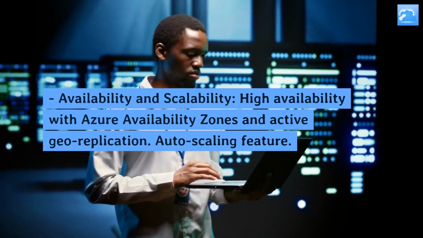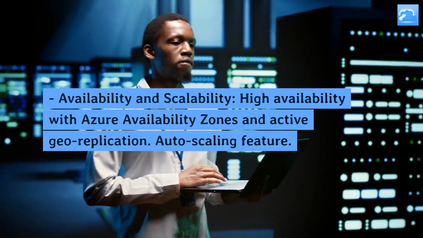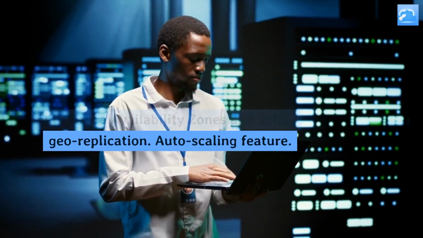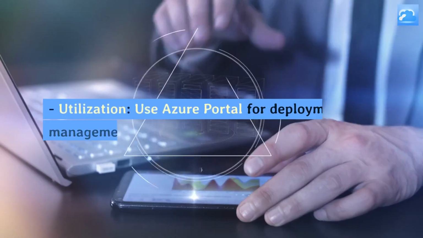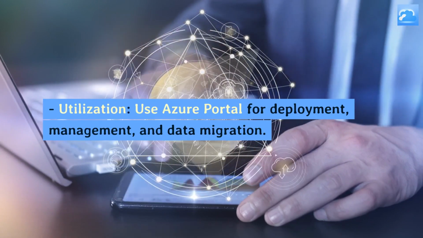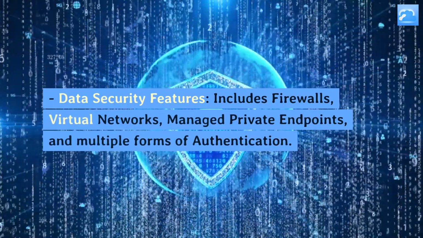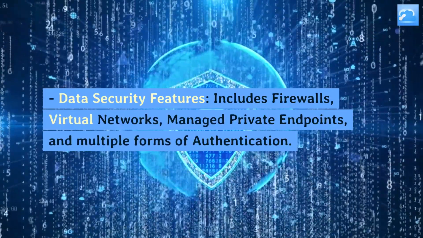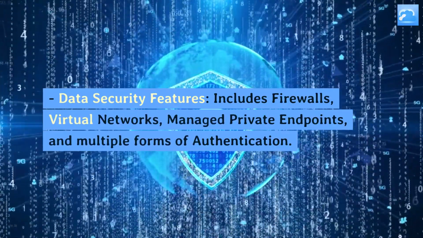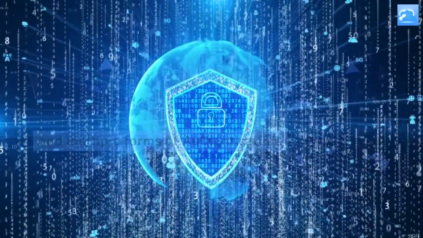Availability and scalability: high availability with Azure Availability Zones and active geo-replication. Auto-scaling feature. Utilization: use Azure Portal for deployment, management, and data migration. Data security features include firewalls, virtual networks, managed private endpoints, and multiple forms of authentication.